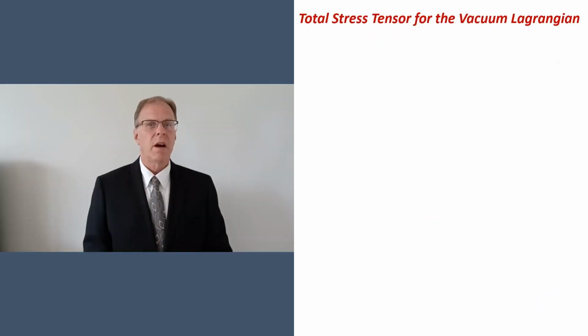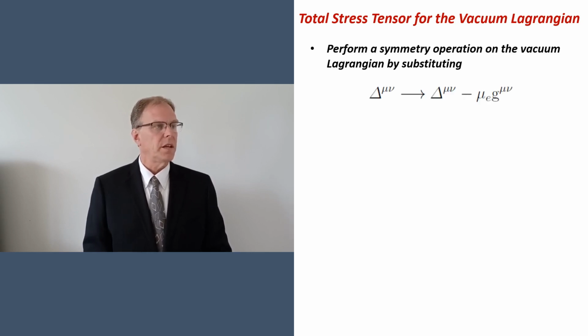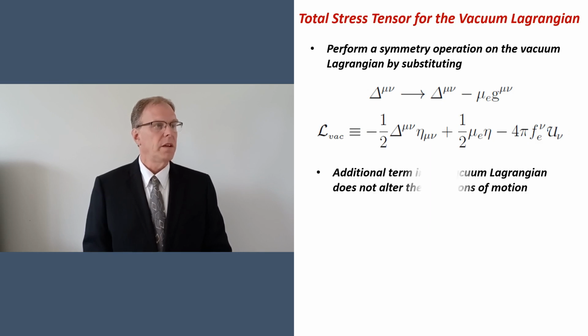Next, consider calculating the stress tensor from this Lagrangian. Before we do this, we need to account for additional stresses due to the flow of the vacuum field. We do this by adding a term to the stress tensor proportional to the metric and inserting it into the vacuum Lagrangian. This new Lagrangian, even with the additional term, does not alter the equations of motion.